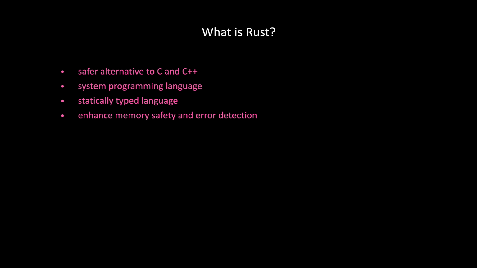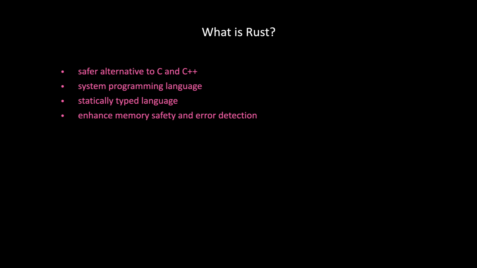Before we talk about security, maybe it's good to know about Rust for those of you who are unfamiliar with the language. Rust is a system programming language, and it was introduced to be a safer alternative to C and C++.